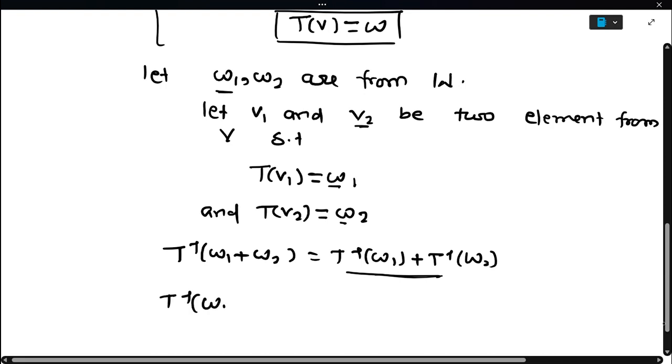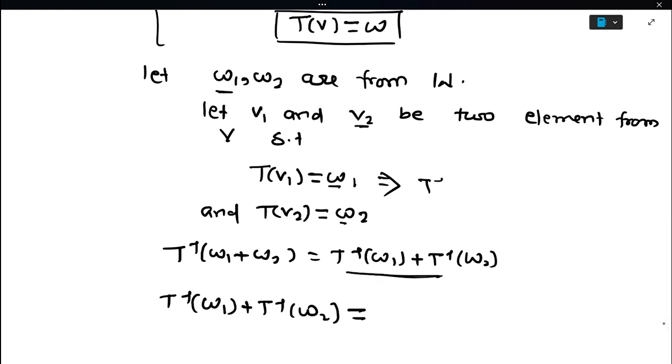T inverse of W1 plus T inverse of W2 equals what we got from here: T inverse of W1 equals V1, because T is 1-1 and onto. The preimage of W1 is V1, and T inverse of W2 equals V2.